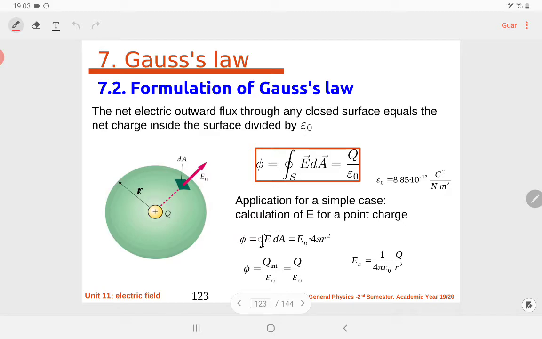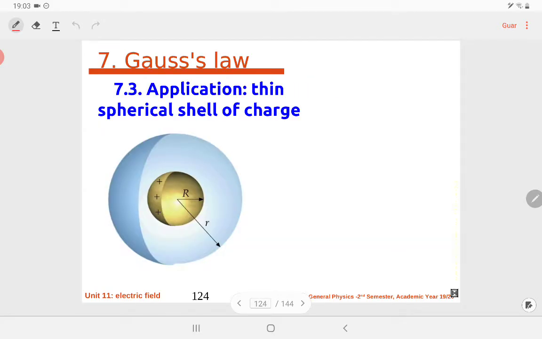Okay, so let's go for another application, a bit more complicated, that we have not seen previously, using Gauss's law nor using the integrals. And this is a thin spherical shell of charge. So the first thing is to understand that this is just a shell. There is nothing inside that shell. In this drawing, the shell is represented by this yellow shell.